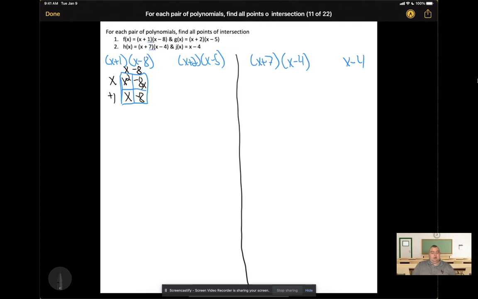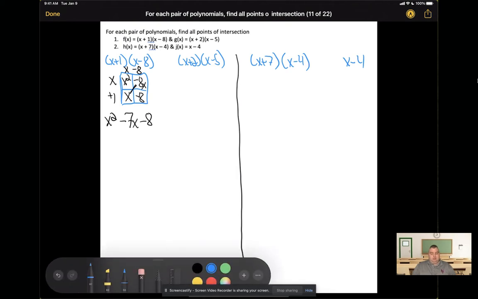So if I put all that together, I end up with x squared. And then negative 8x and positive 1x becomes negative 7x. And then minus 8. So I already went ahead and converted the first polynomial to standard form.